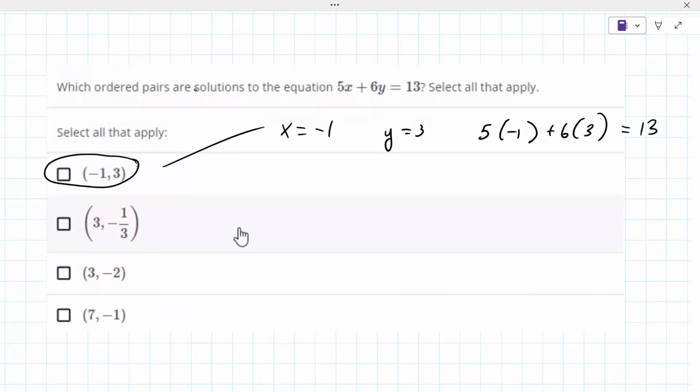I got -5 plus 18 equals 13. Does that work? Yeah. All right, so that one worked.